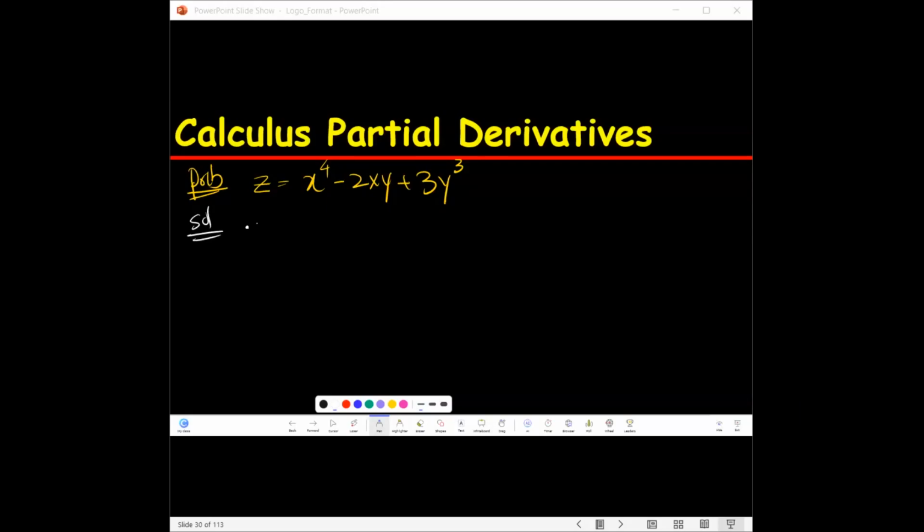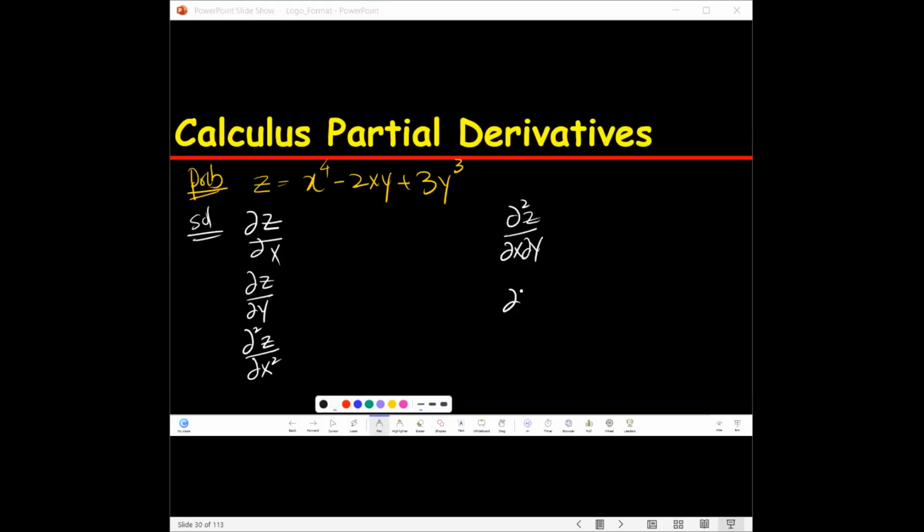Here I have to calculate the partial derivative with respect to x, with respect to y, the second order partial derivative with respect to x, and then I also need to calculate this one with respect to dx dy.